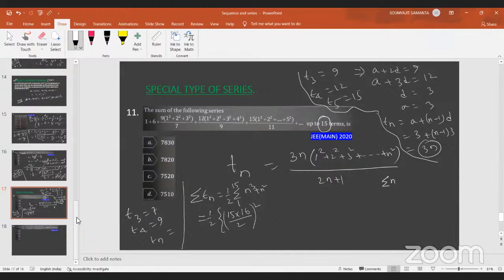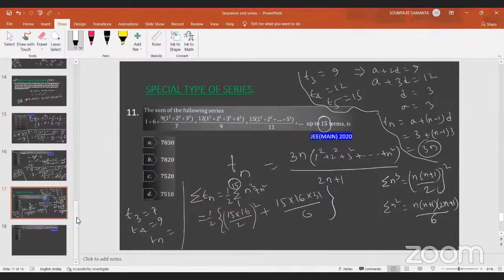N cube we know, n into n plus 1 by 2, whole square. N square we know, n into n plus 1 into 2n plus 1 by 6. So this will become plus, with n as 15: 15 into 16, 15 into 2 that is 30, 30 plus 1, 31 by 6. Clear?